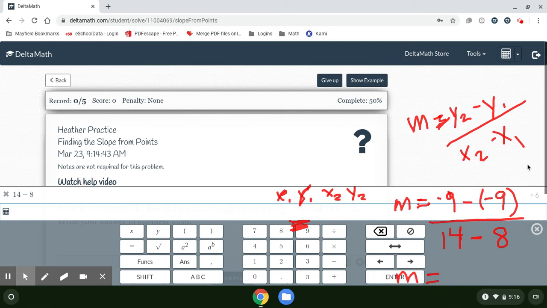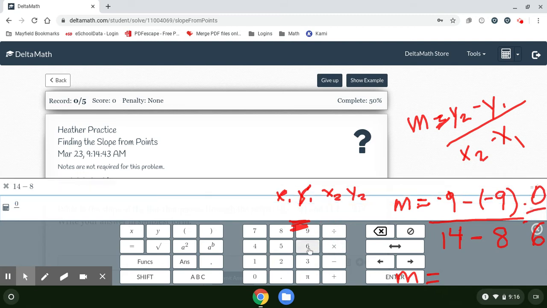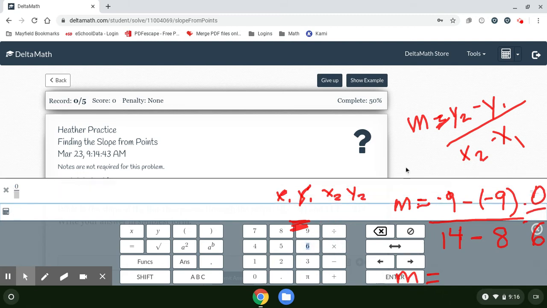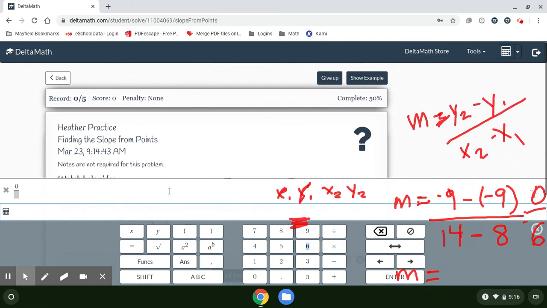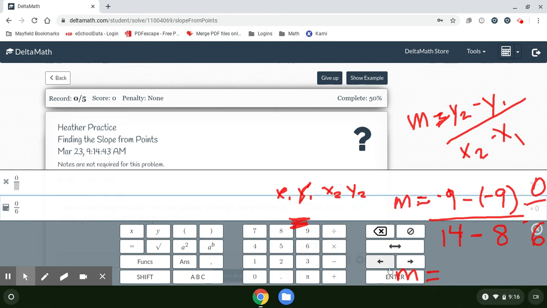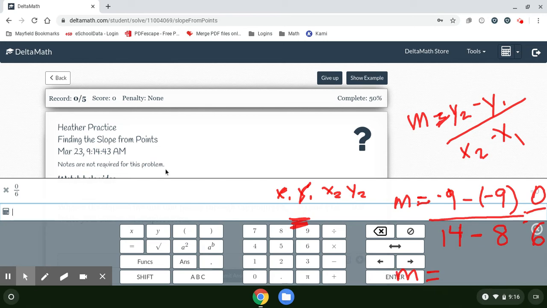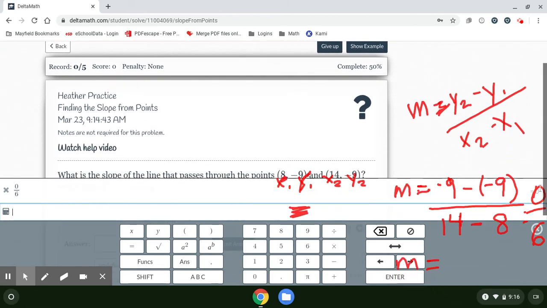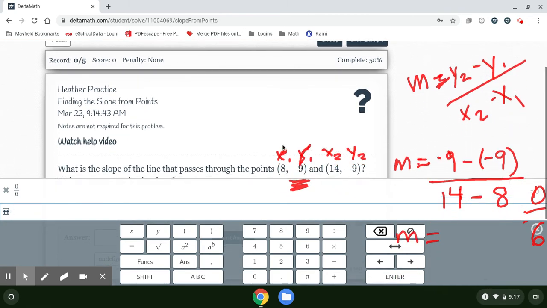Which is 6. So I end up with 0 divided by 6. Let's see what happens when I do that. 0 divided by 6. So 0 divided by 6 is 0.